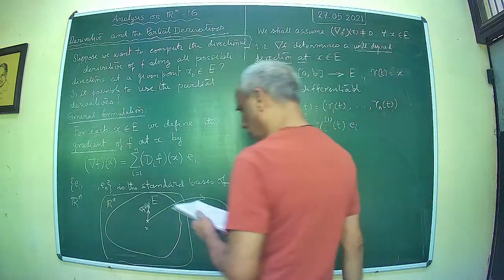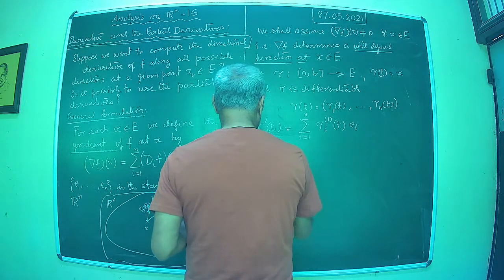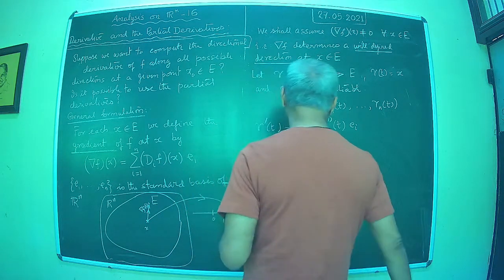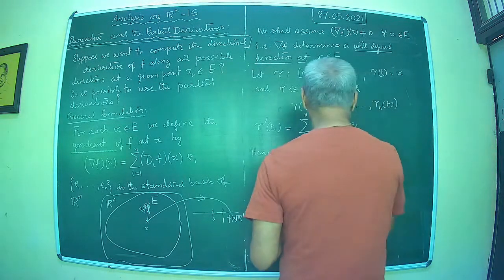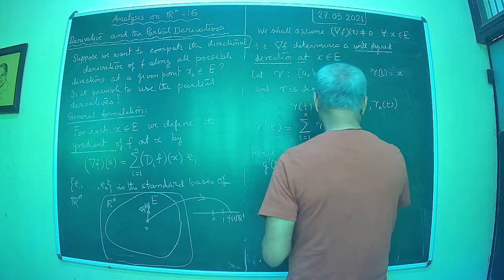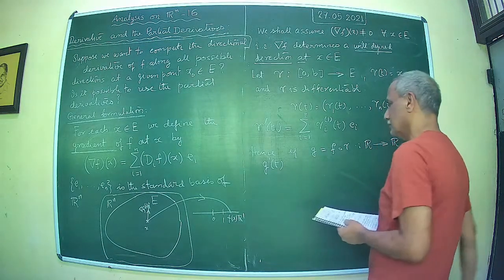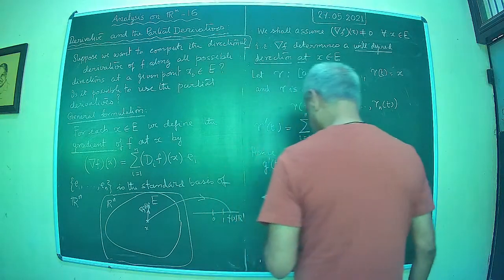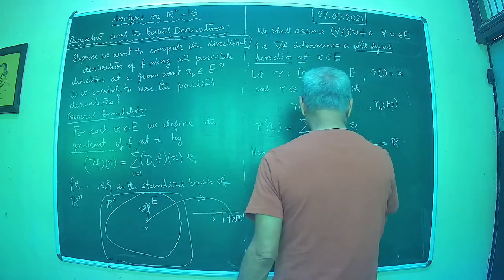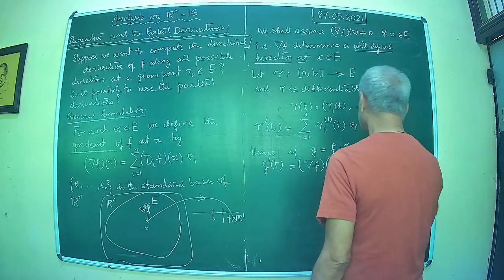Okay. Therefore, what do we have? G derivative of t, if g is equal to the composition of gamma from R, then g derivative of t is given by grad f at gamma t dot, what is it, gamma derivative of t.